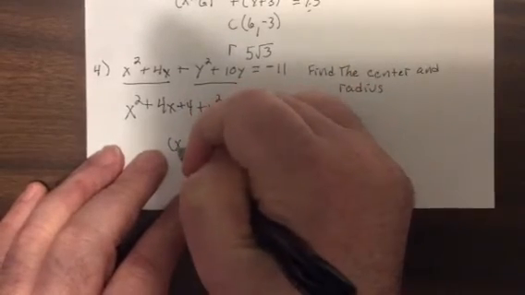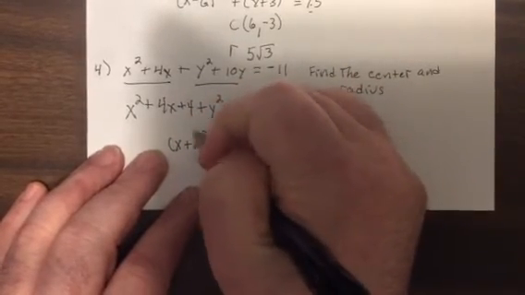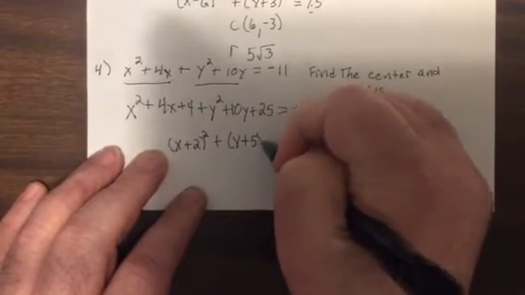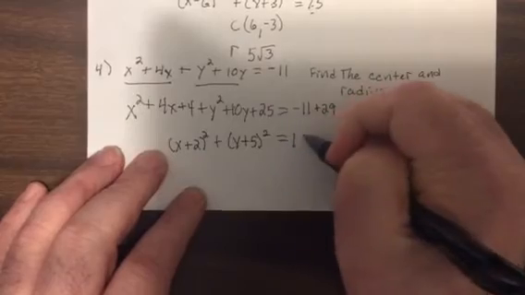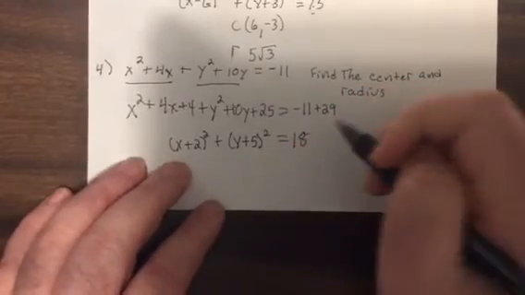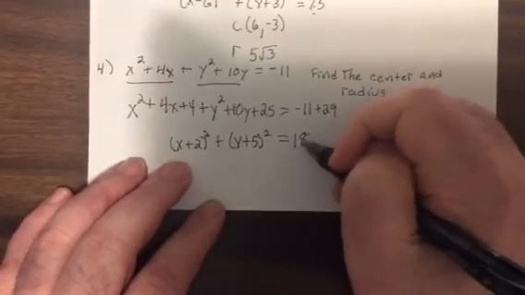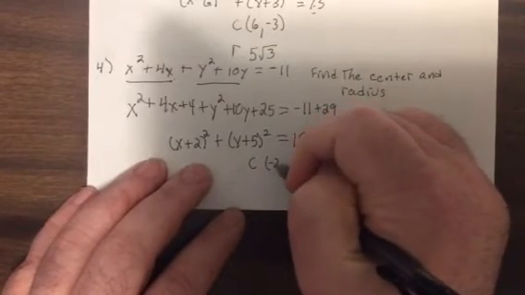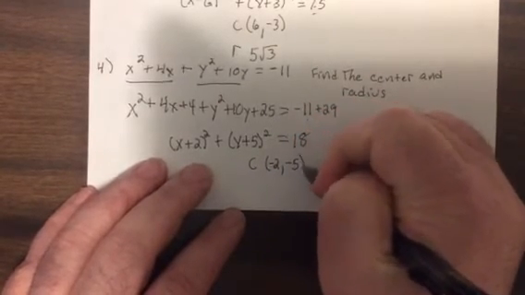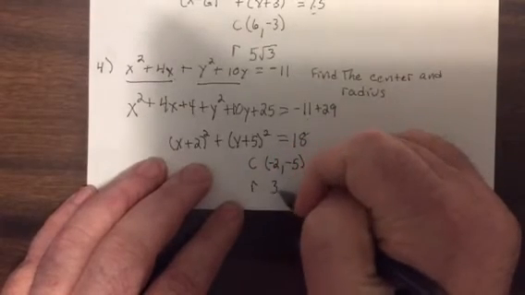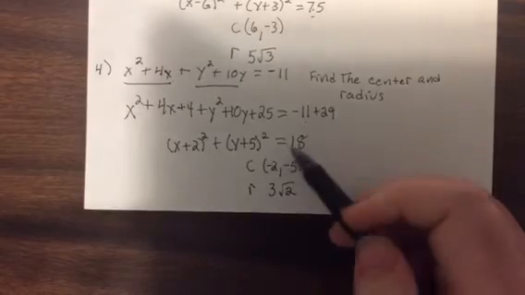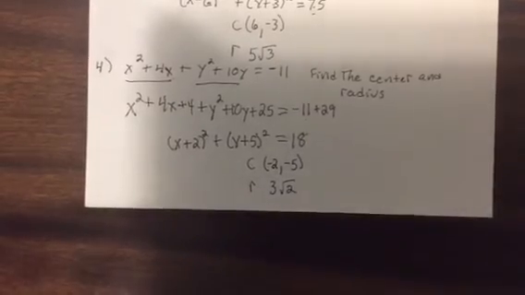So I'd have (x + 2) squared when I factor, plus (y + 5) squared equals 18. Negative 11 plus 29 is 18. So the center would be (-2, -5), and the radius would be 3 square root of 2. Square root of 18 is 3 square root of 2.